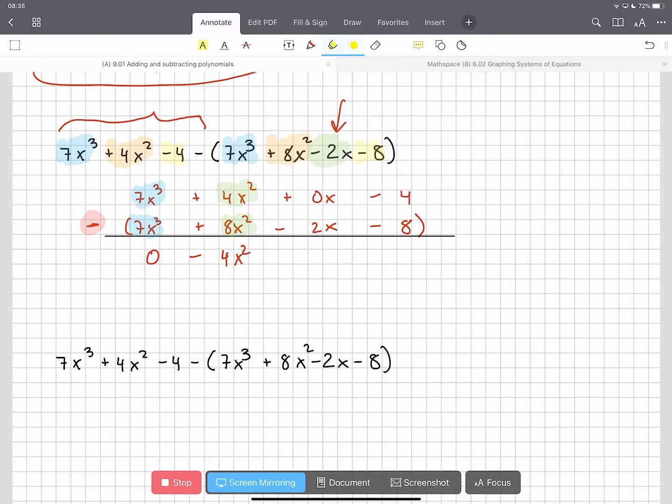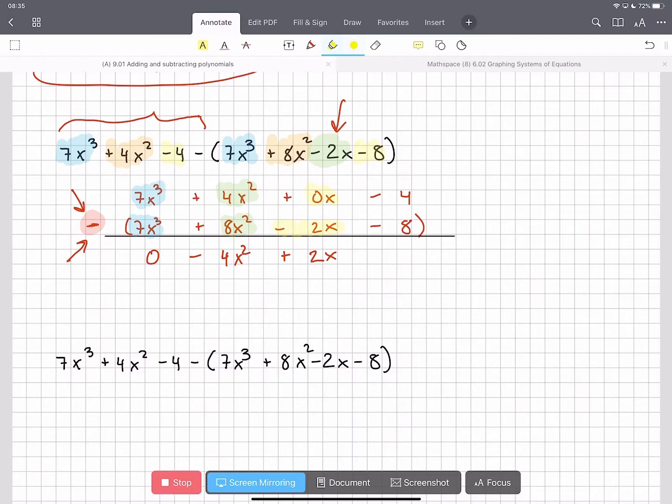Then I'm going to do 0x minus negative 2x. So subtracting a negative is the same as adding a positive, so this is going to be plus 2x. And that's what I mean by this could be tricky, and we've got to be careful for this.